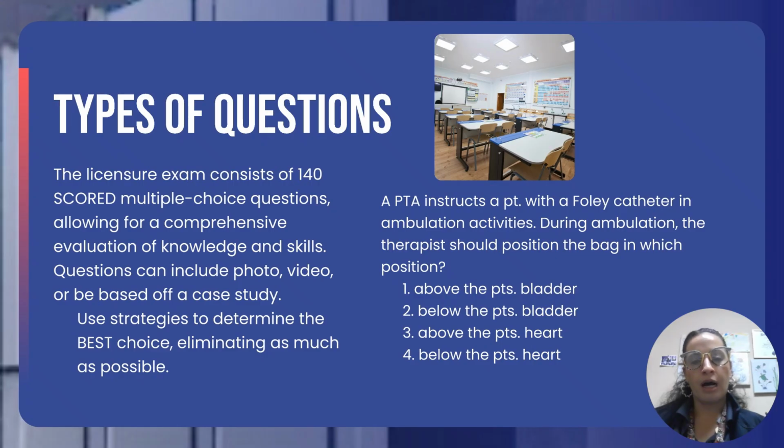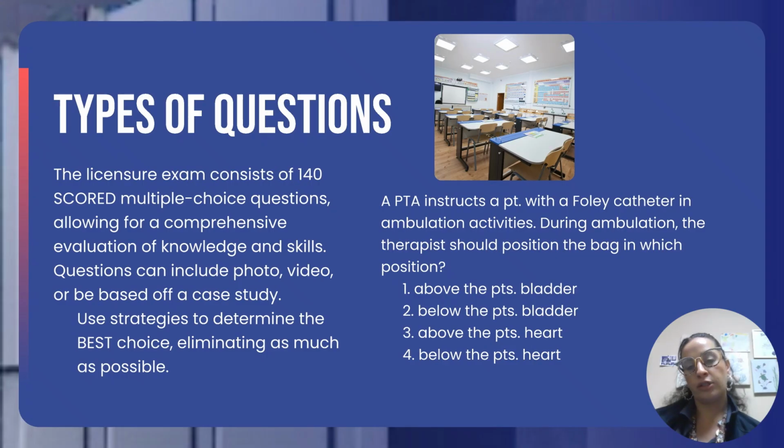Okay, above the patient's bladder or below the patient's bladder, now I have to think of the actual principles of therapy, right? Maybe I already formulated that choice. Maybe I have to think back of what I know. I should know that an output type of thing, where stuff is coming out of the patient, needs to drain into the bag, which means it needs to have gravity assist with the draining, which means it needs to be below wherever the point of insertion is.